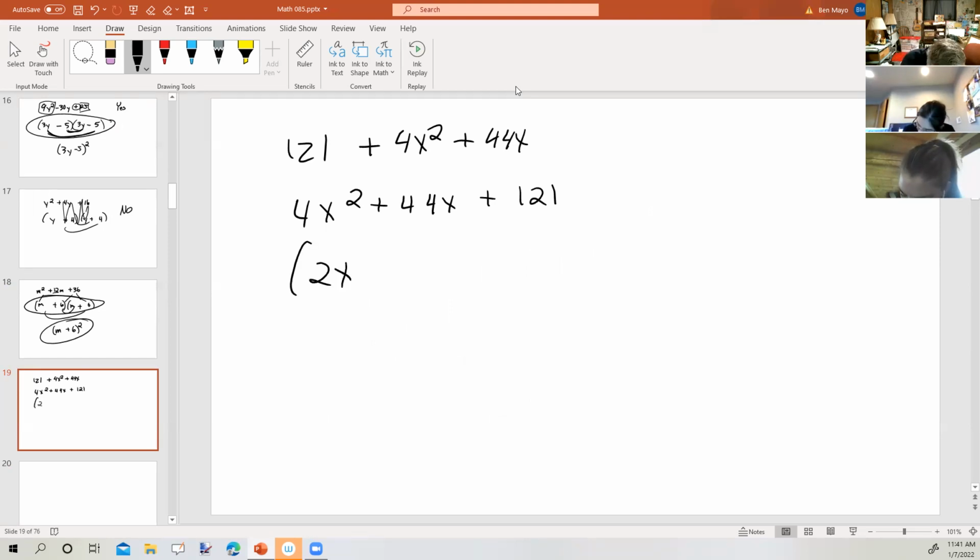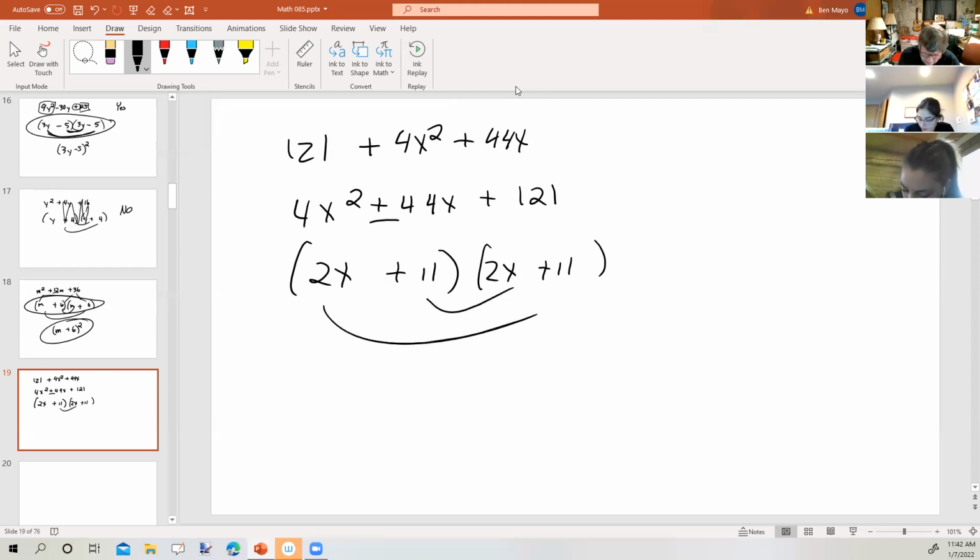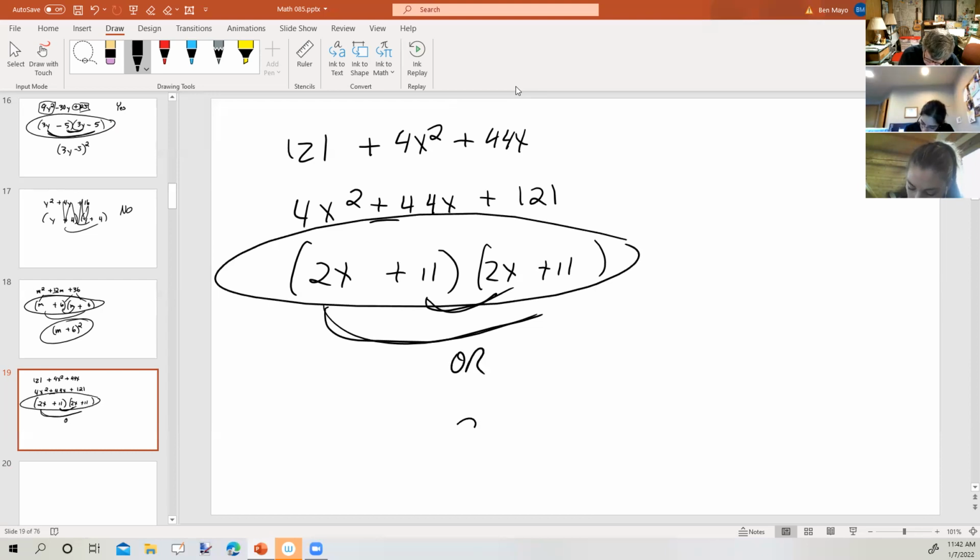So this would be what? 2x, 11, 11. Because 11 times 11 is 121. It's got to be a plus, so plus and plus. Does that give me plus 44x in the middle? Yes, it does. Plus 22x, plus 22x. So there's the answer, or we could write it like that.